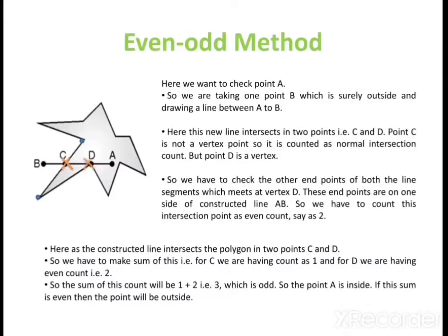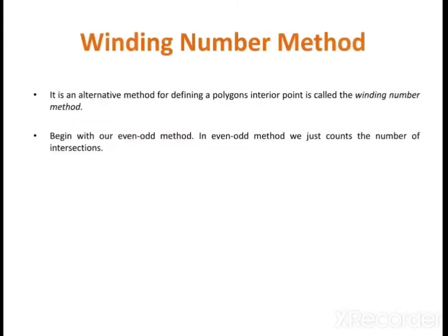But for the next point D, D is the vertex of the polygon. So if the intersection point is a vertex of a polygon, I will find the endpoints of the lines which are passing through the vertex of the polygon. So which are the endpoints? This and this point are the endpoints of the lines which are passing through this point, right.